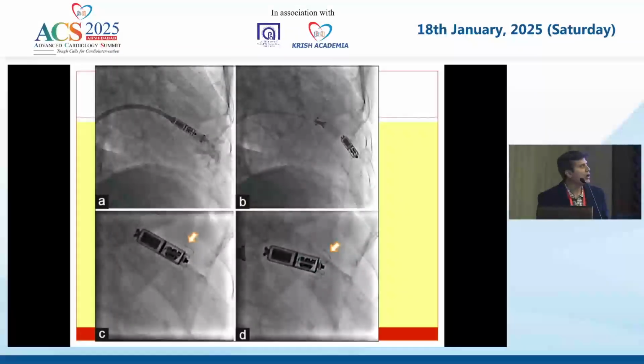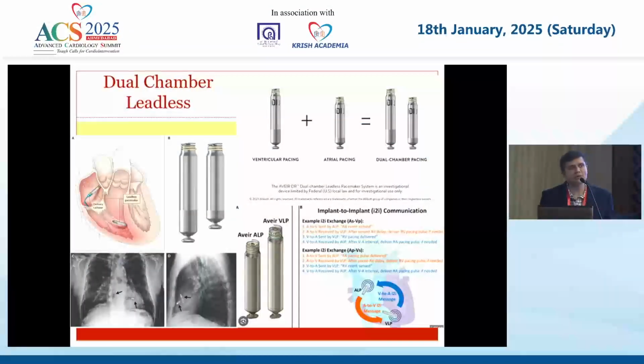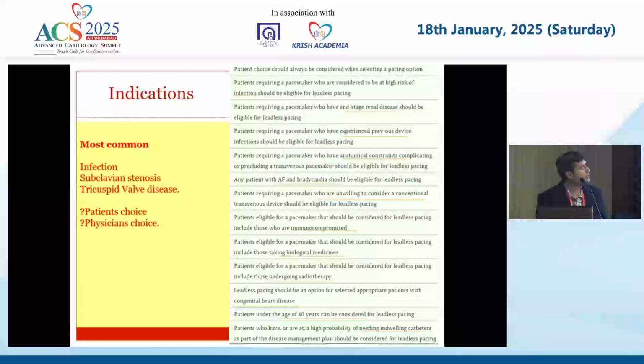It's a battery-operated small capsule type which goes into the right ventricle and just paces down, and it is now in a VDD format as well as a double chamber format. You can pace the atrium as well as the ventricle simultaneously. Indications being infection, subclavian stenosis so lead access is not there, and tricuspid valve disease as the major indication.